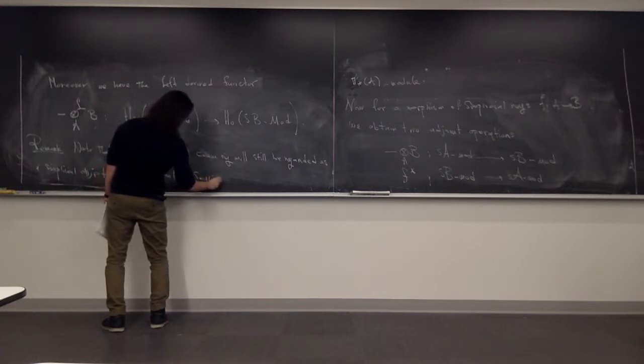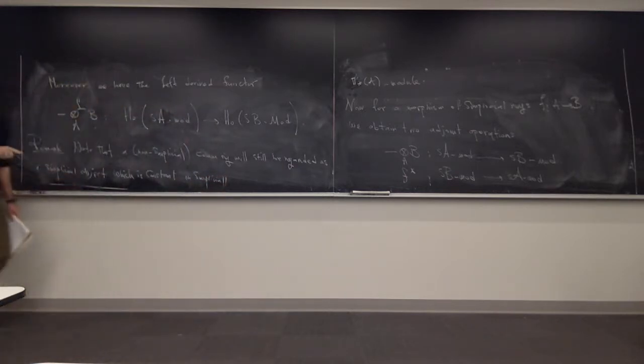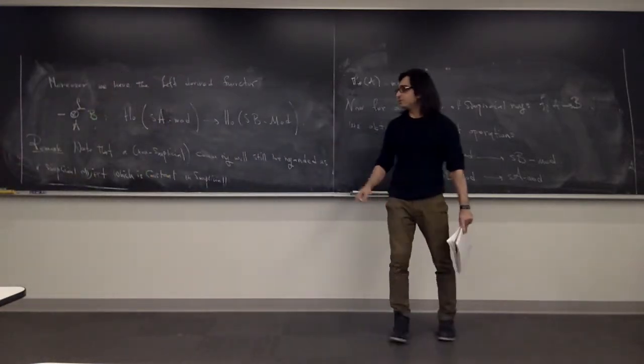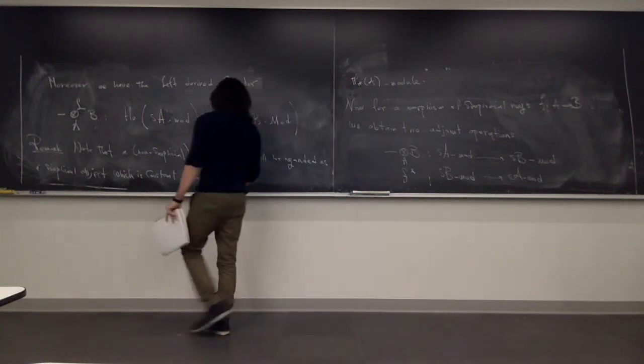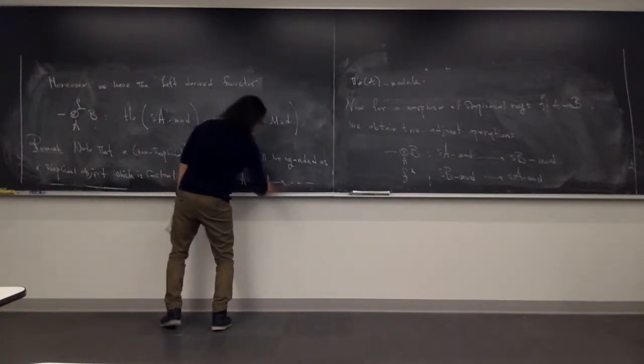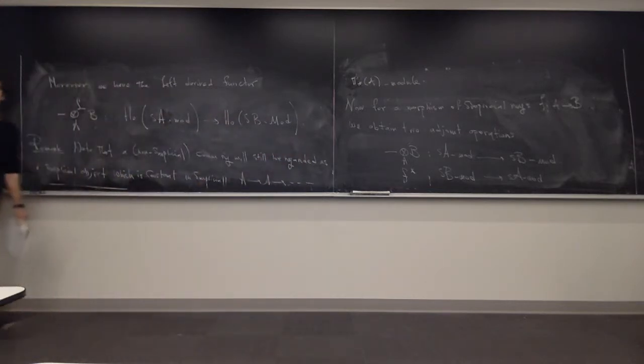And so we have this full injection from the category of commutative rings into the category of simplicial commutative rings. So if you have just an honest commutative ring, you just repeat it, and it remains constant in the simplicial direction.